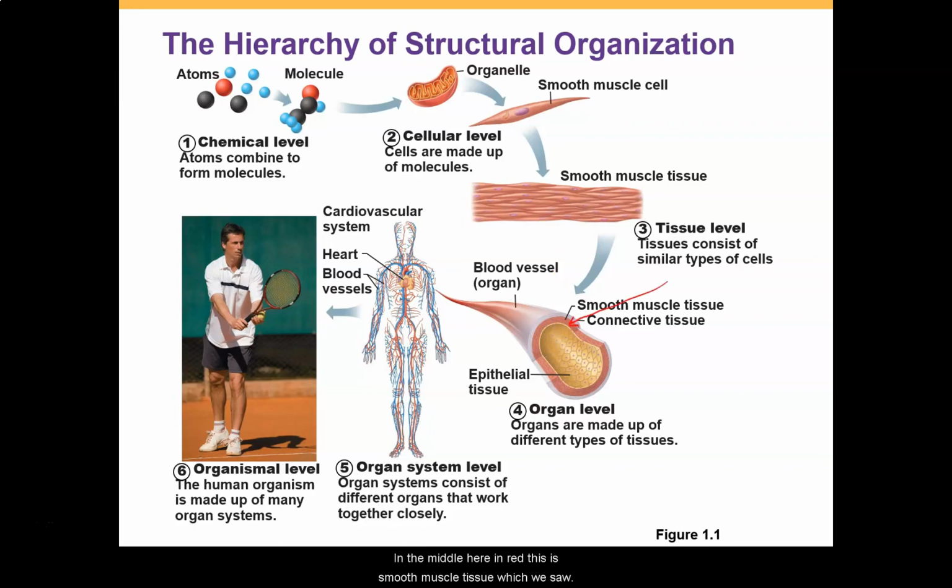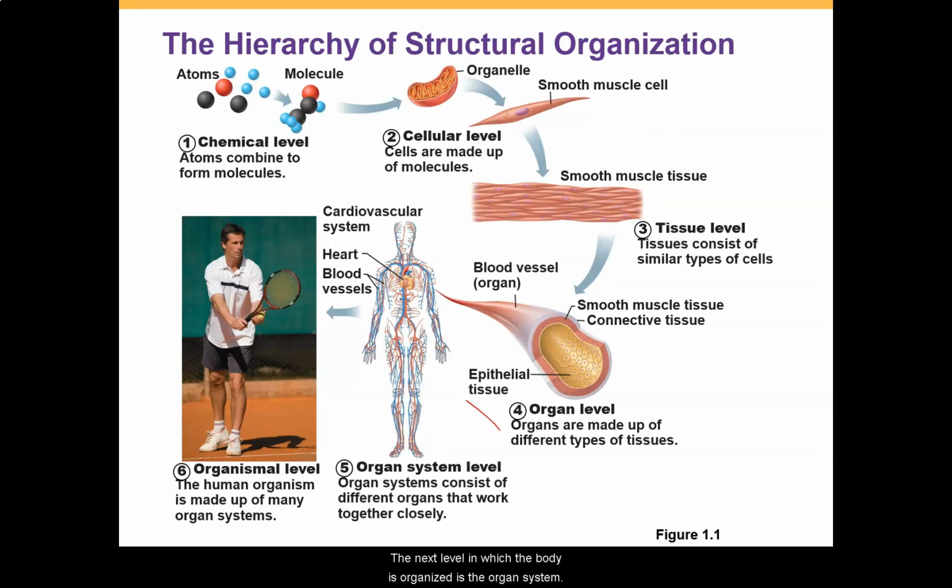In the middle, here in red, this is smooth muscle tissue, which we saw in the previous level. And on the inside, we have more epithelial tissue. So here's an example of where we have various tissue types coming together to give rise to an organ. And in this case, this organ is a blood vessel.